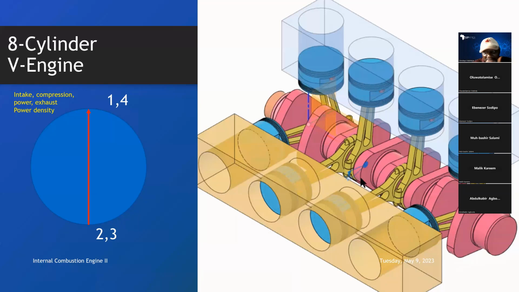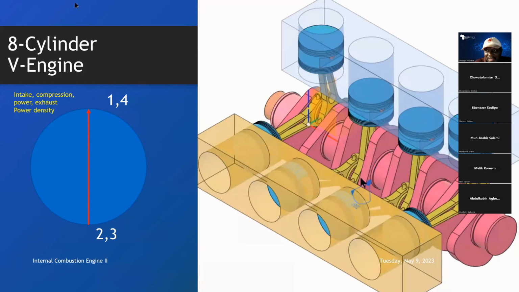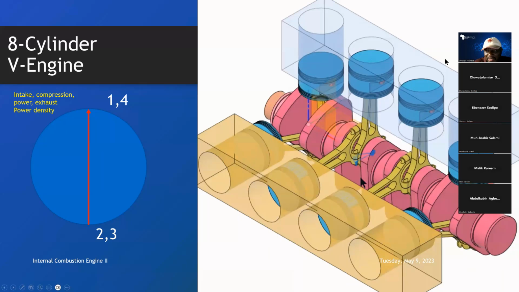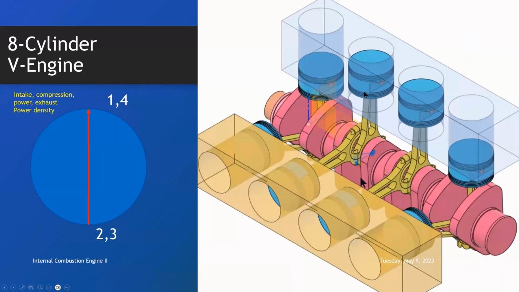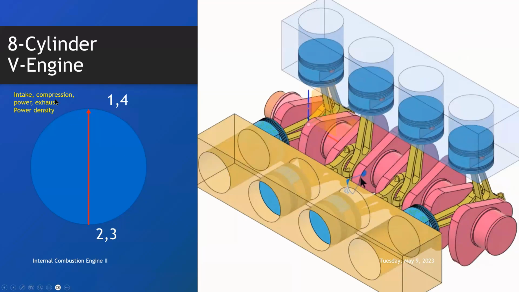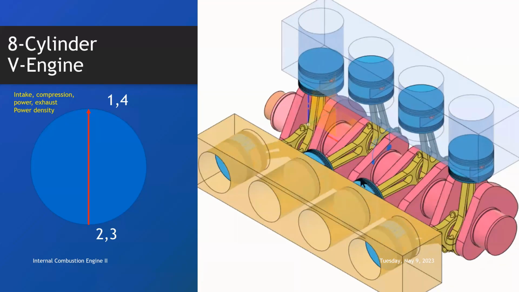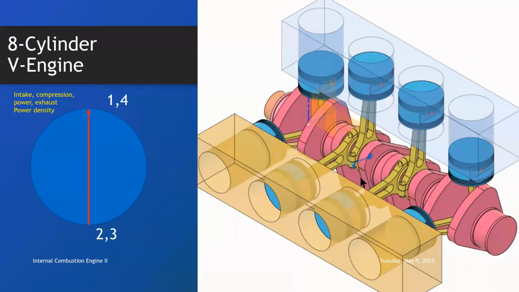And that makes it difficult for you to immediately see what the firing order is. The firing order is what determines the relative position of the fire as you go from cylinder to cylinder.